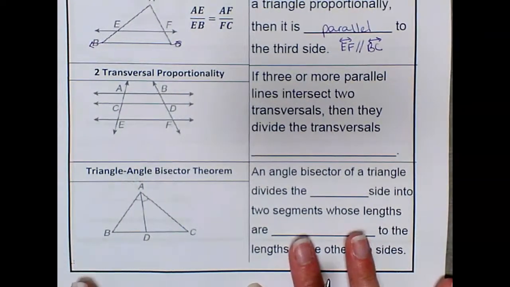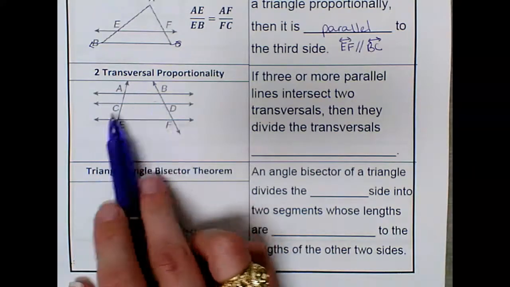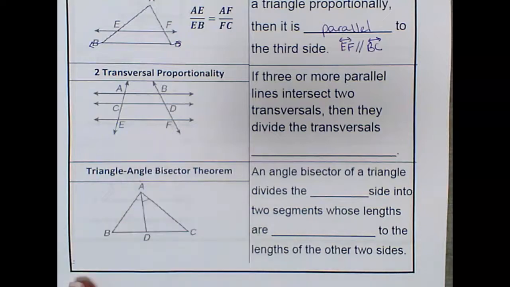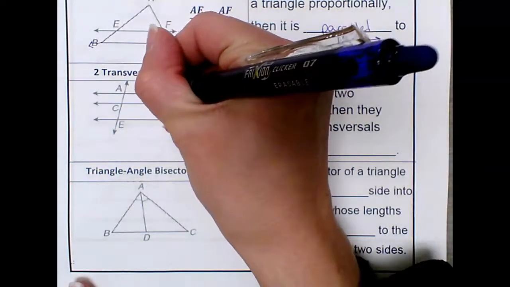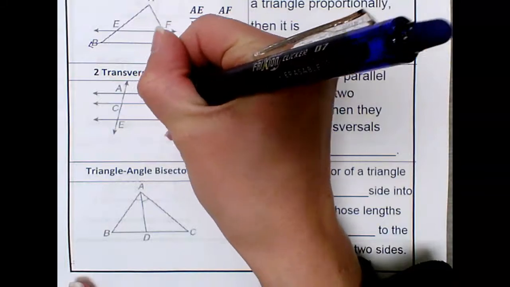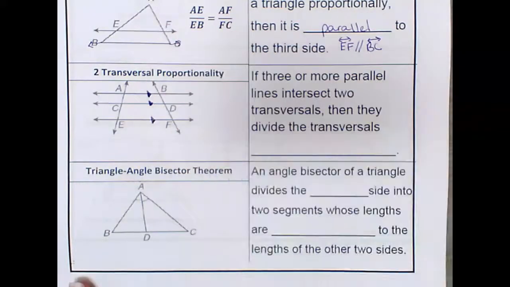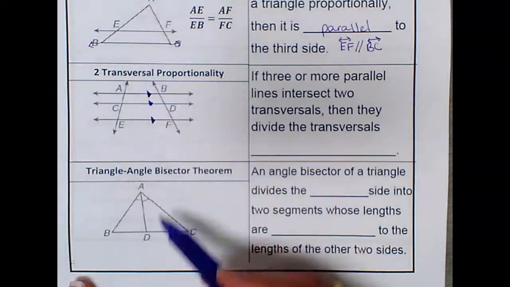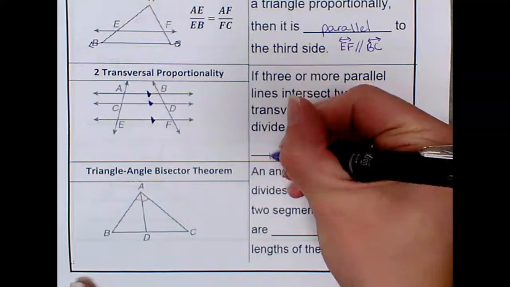Okay. The next one that we want to talk about is the transversal proportionality theorem. It states that if three or more parallel lines intersect two transversals, and it's not written on here, but I'm going to go ahead and mark these as parallel because that's what our hypothesis is using. It's three parallel lines. So if three or more parallel lines intersect two transversals, then they're going to divide the transversals proportionally.